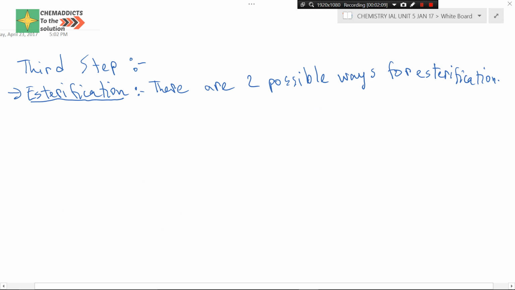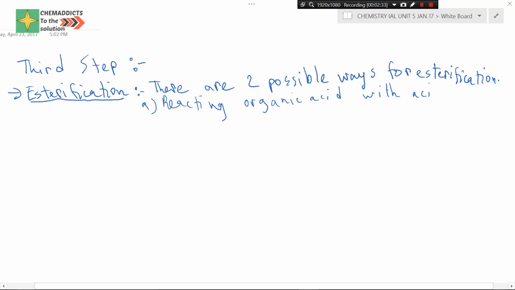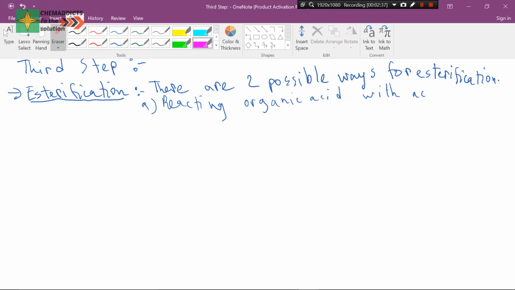We know that there are 2 possible ways for esterification. The first one we have already discussed, that is reacting organic acid, in this case benzoic acid, with alcohol, that is phenyl methanol. Not acid, alcohol. I always make mistakes fellas, I'm really sorry for that.